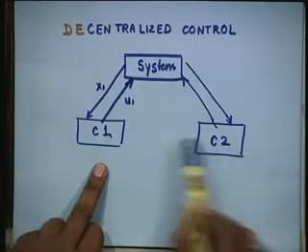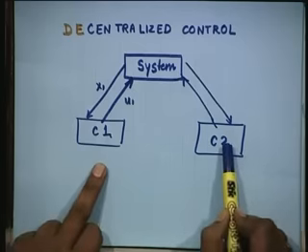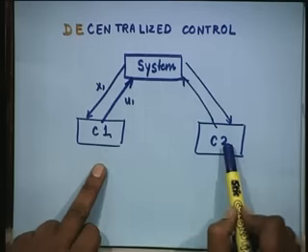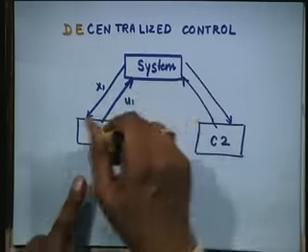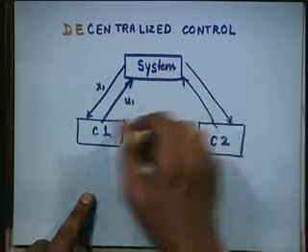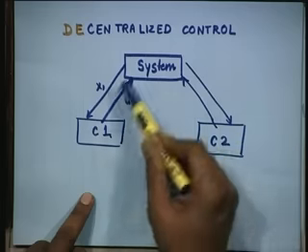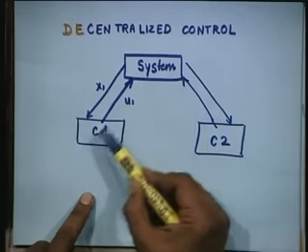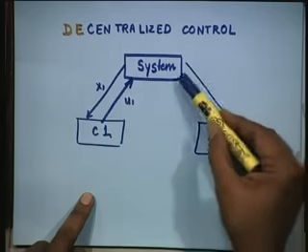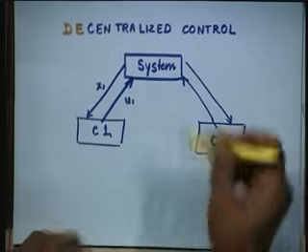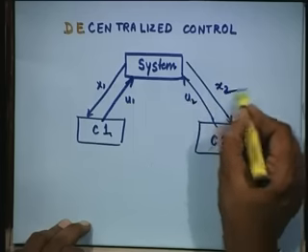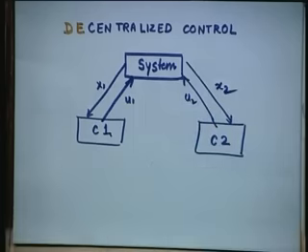Now, these two are not in talking terms directly. This may be France and England, but this system is being controlled independently by C1 and C2. The information is fed to C1, C1 gives you control, information is fed to C2, C2 gives you control. This is U2 and X2. So, it is decentralized control. The C1, C2 are not at one place, and this is now being operated.